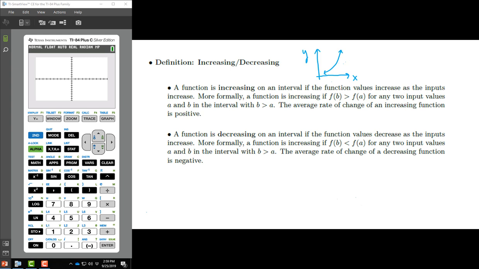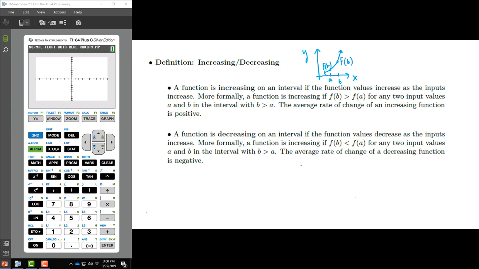And so the reason I know it's increasing on the interval that I can see is because if I pick any two x values, right, here's a, here's b, it's clear that the x value on the right has a larger y value that goes with it than the x value on the left does, okay? And so that's when you get increasing. So that's the reason that this definition makes sense.